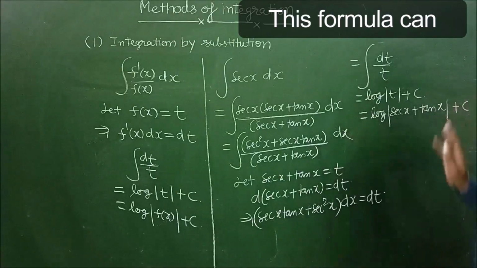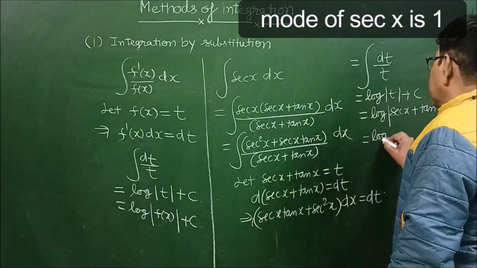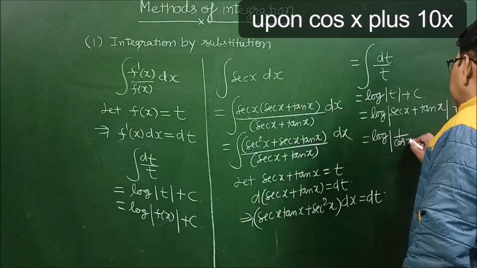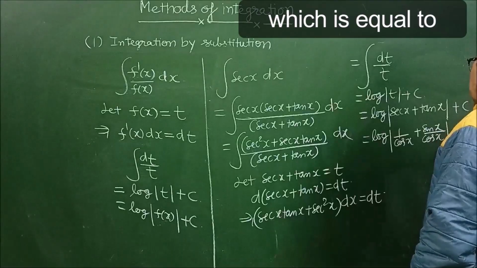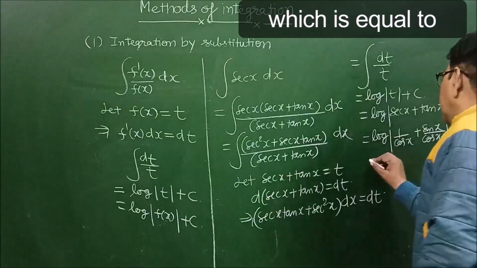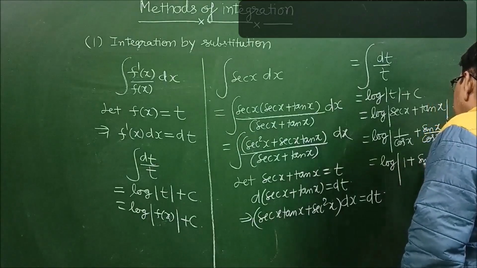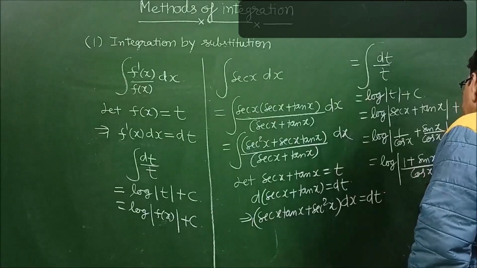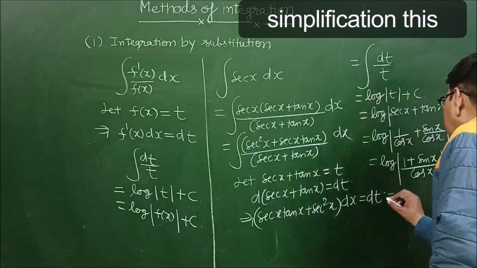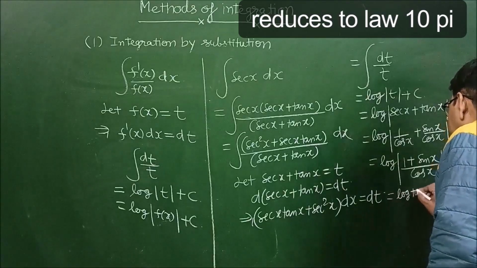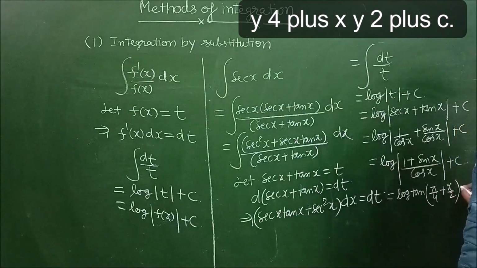This formula can further be simplified, and I can write log of sec x is 1 upon cos x plus tan x is sin x upon cos x, which is equal to log of 1 plus sin x upon cos x. And on further simplification, this reduces to log tan pi by 4 plus x by 2 plus c.